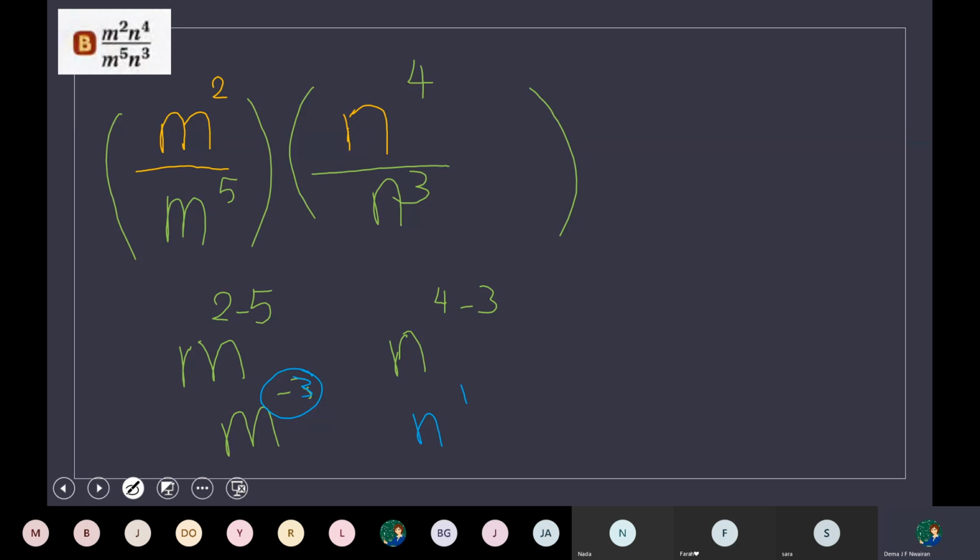So the answer now is m to the negative 3 times n, and can I now write it in a more simplified form? Yes, it will be n over m cubed. Why? Because m raised to the power negative 3, I can rewrite as 1 over m to the power 3. So the simplest form is n over m cubed.